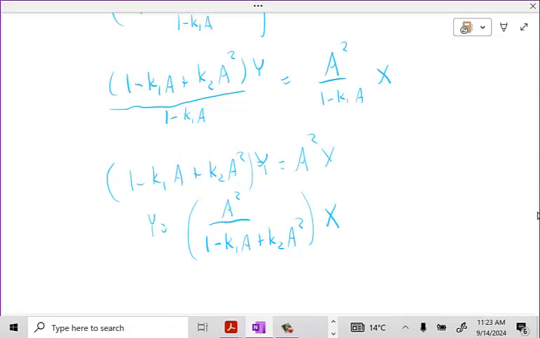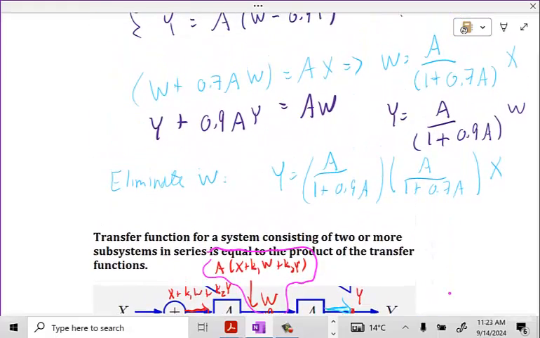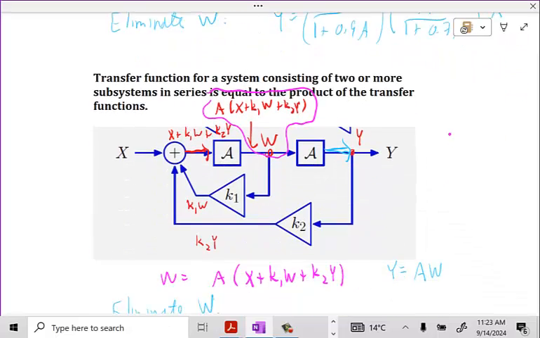Now, the problem was asking how can you make the two circuits equivalent? How do I choose K1 and K2? If we compare this expression that we just have with the expression up here, you can see we still have the A squared on the top, but the denominator here is 1 plus 0.9A times 1 plus 0.7A.